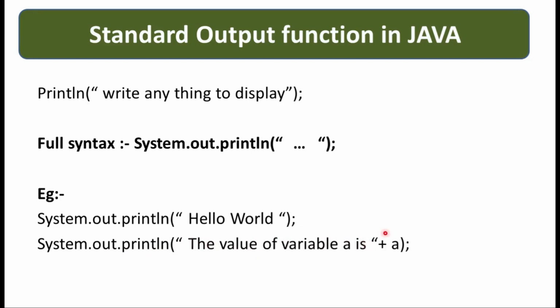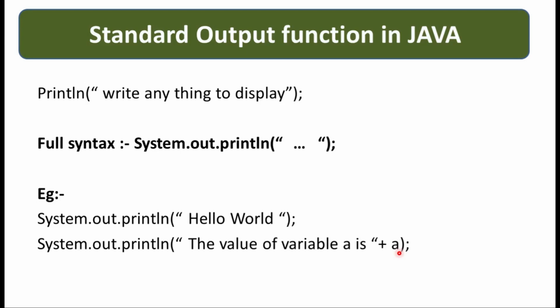So your double quote stops here, and you need to use a concatenation operator, plus, followed by the identifier name. For the identifier, you should not use double quotes. If double quotes are used, then you will see the output as the value of variable a is a. But you have to print the value of variable a is 50.